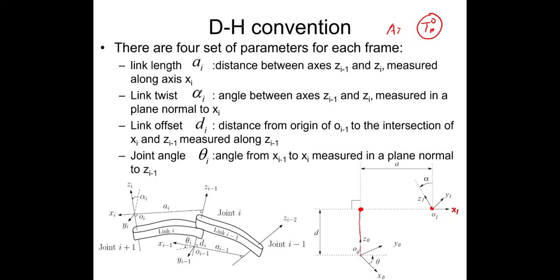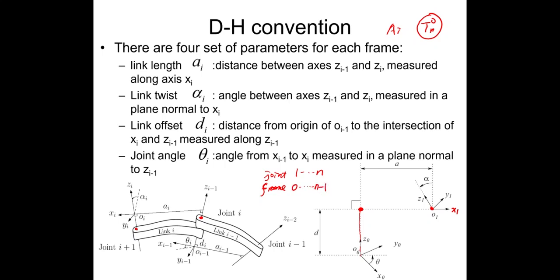And if we consider the robotic arm connection, for example, here we have a joint and here we have a joint. Again, we define the joints from 1 to n, right? And then the coordinate frames correspond to 0 to n minus 1.